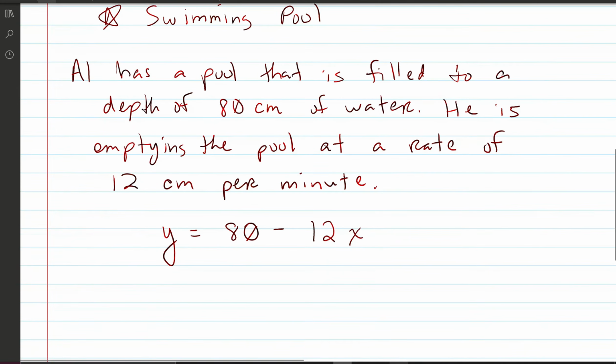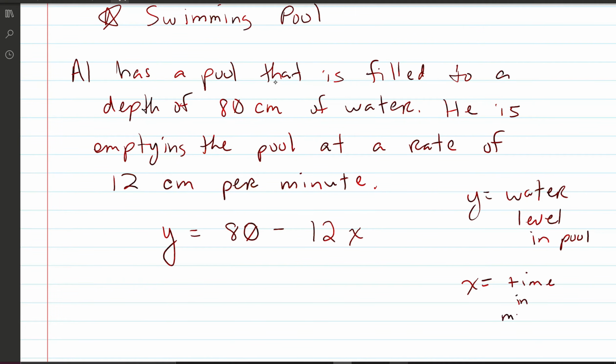All right, so take a look at that and see if that makes sense to you, where again the y represents the water level in the pool. So y equals the water level in the pool, right? And the x is going to be in minutes. Since he's emptying the pool in minutes, x represents the time.